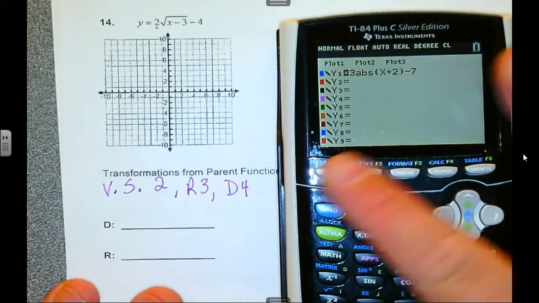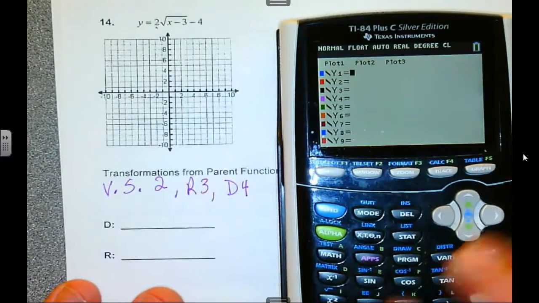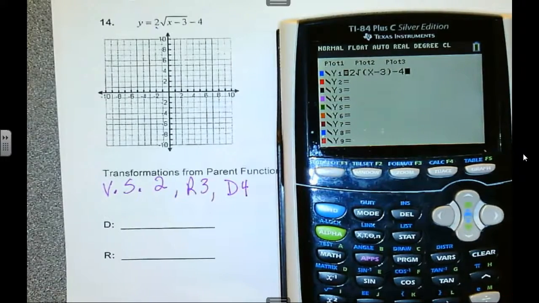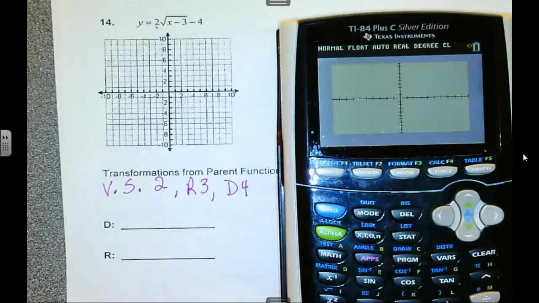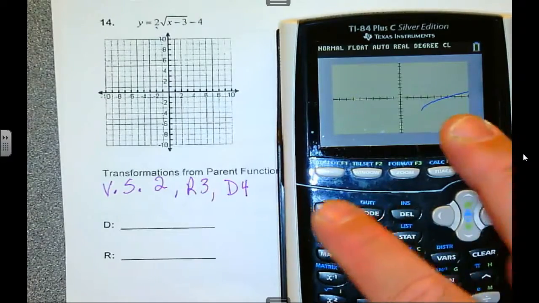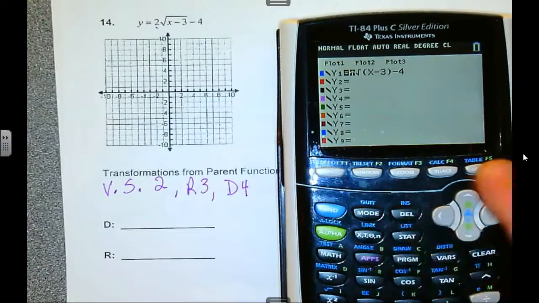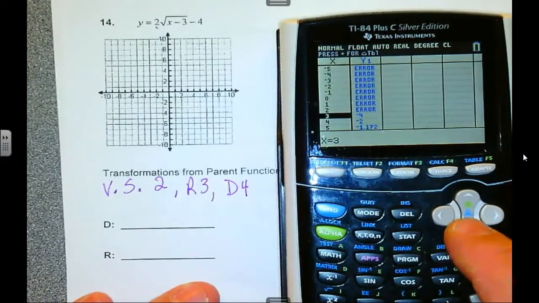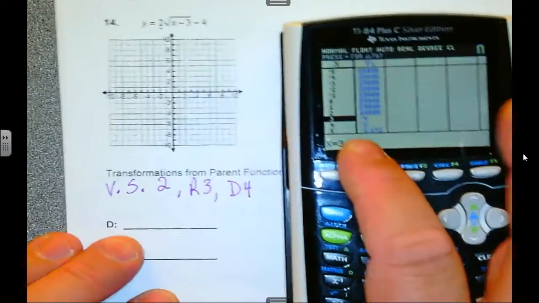Keaton. So I got 2 square root of x minus 3, close parenthesis, minus 4. Graph it. And I should get a curve. I'm going to go to my table, and it starts at 3, negative 4.